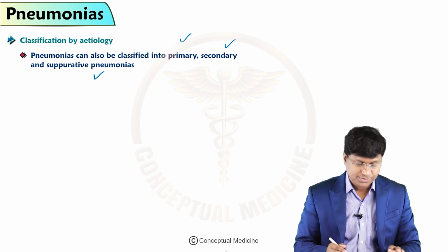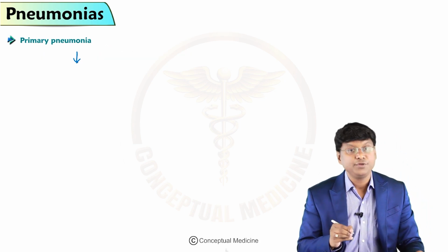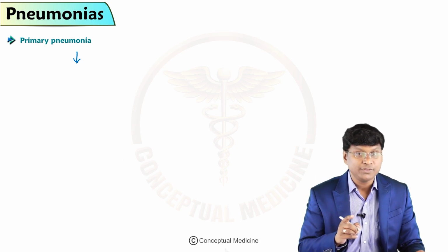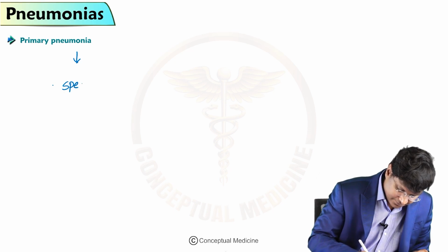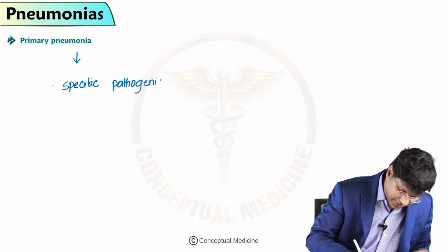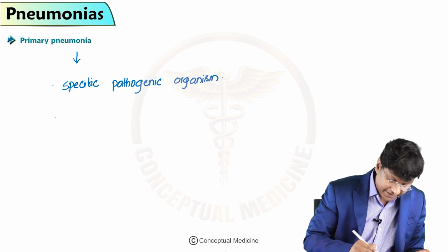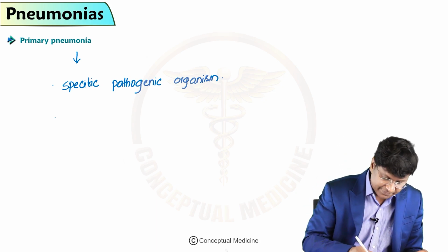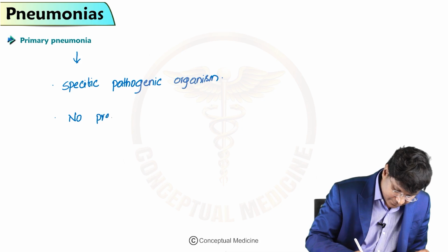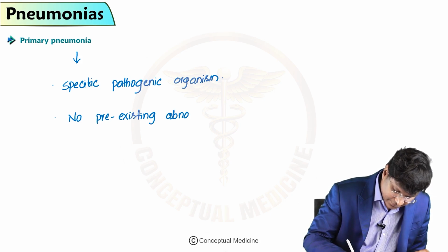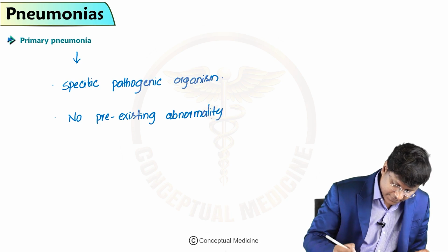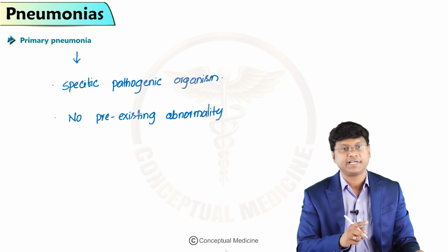So if you take the primary pneumonias, primary pneumonia is caused by a specific pathogenic organism, and in primary pneumonias there is no pre-existing abnormality of the respiratory system.